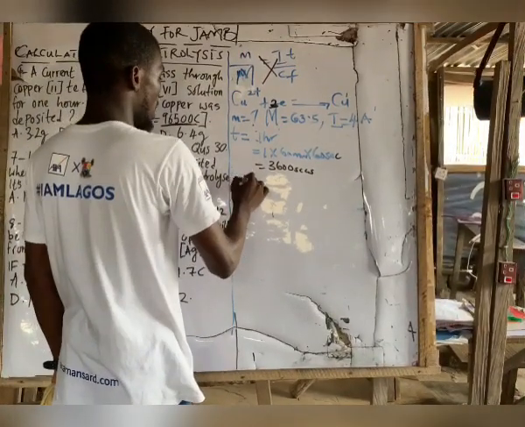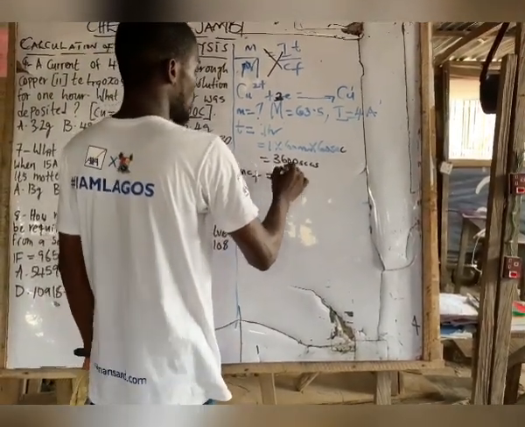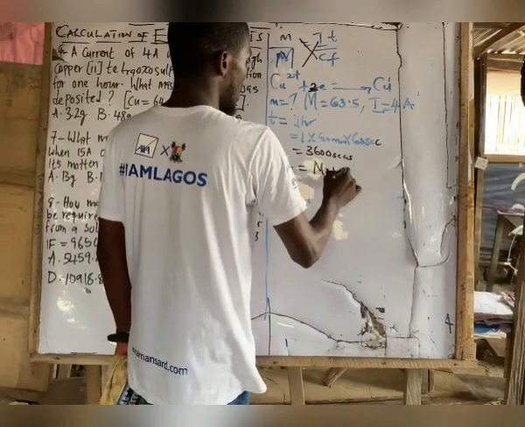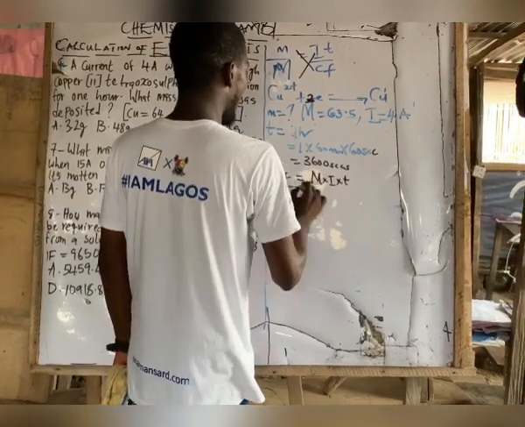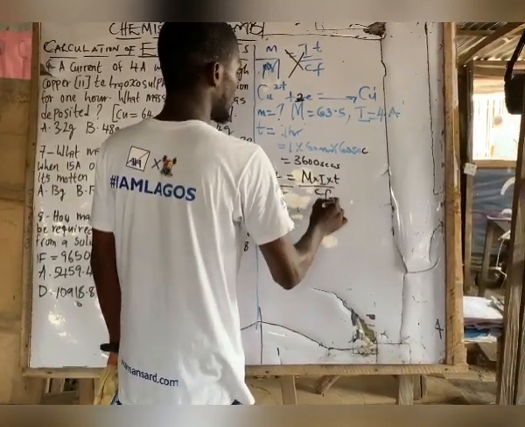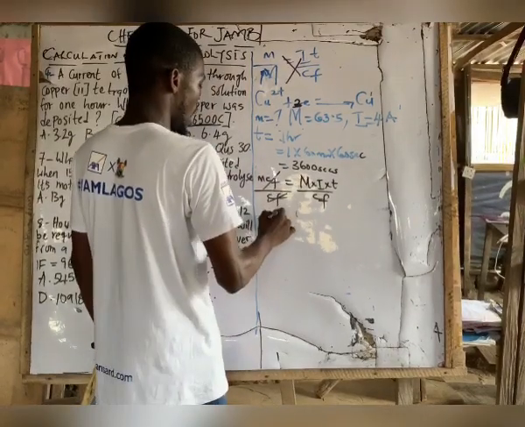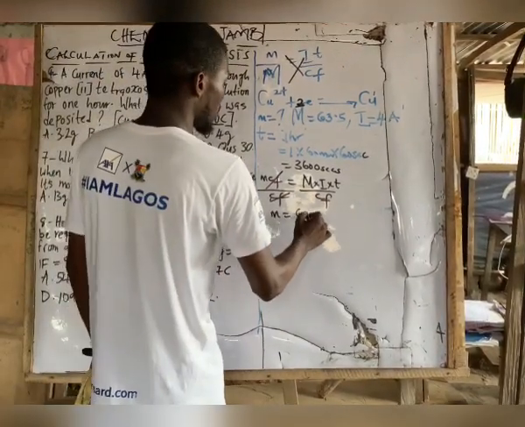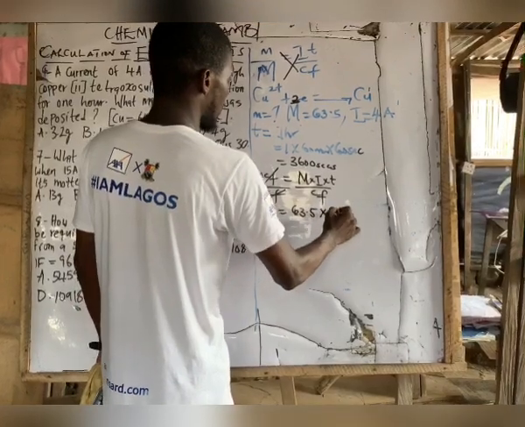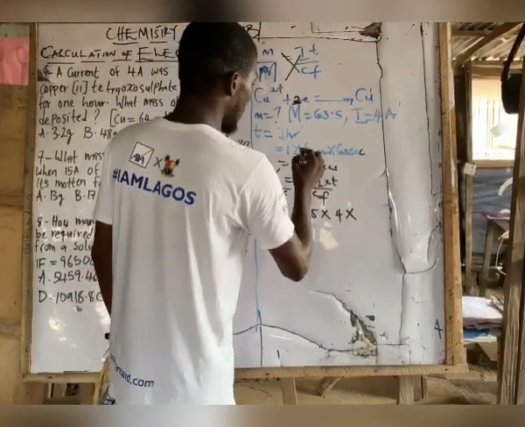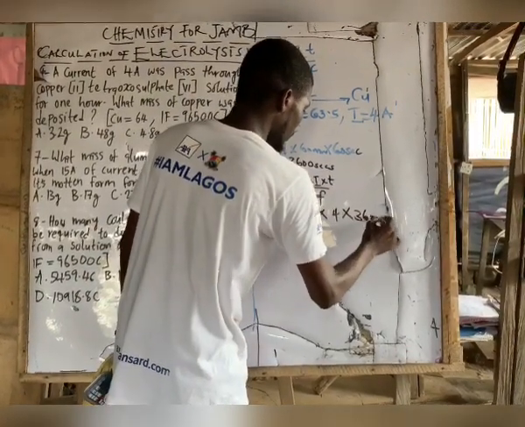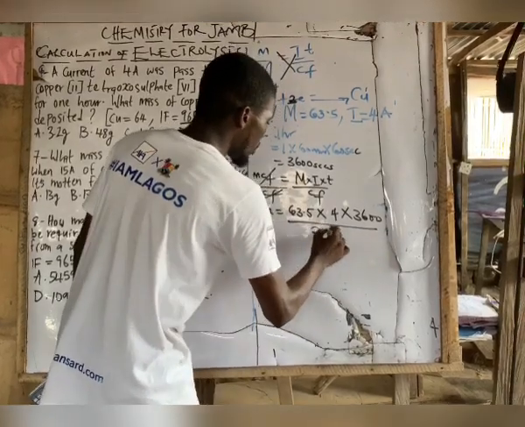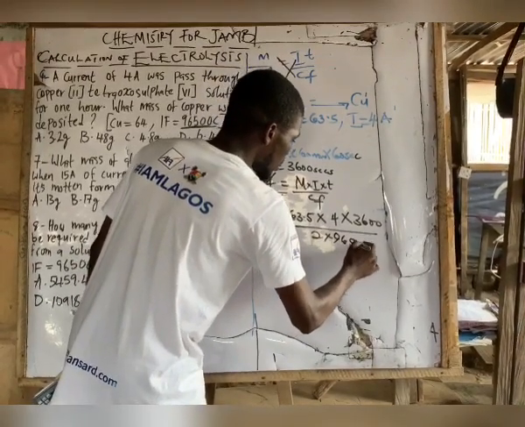So we have m times CF is equal to molar mass times I times T. So divide both sides by CF. So this cancels this. Our mass is equal to, what's our molar mass? 63.5 multiplied by 4 multiplied by this, divided by 2 multiplied by 96500.